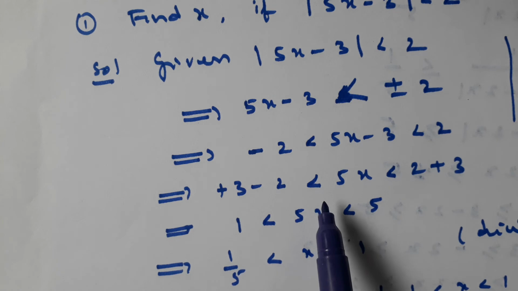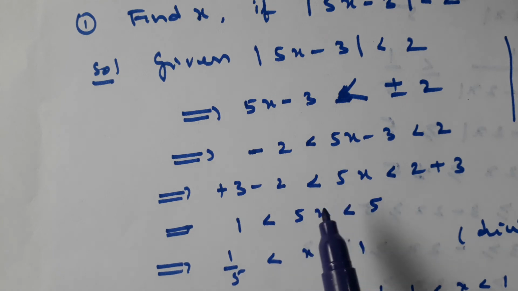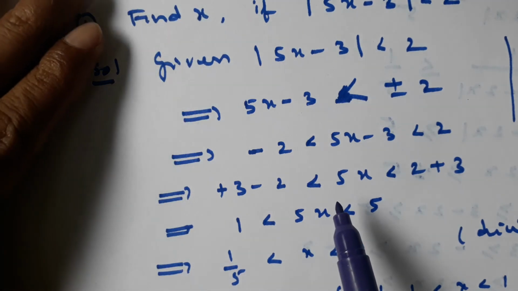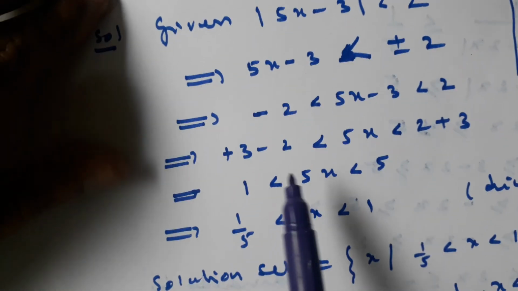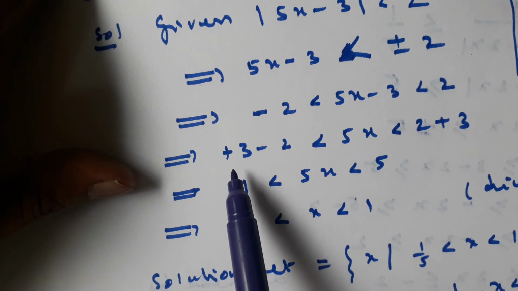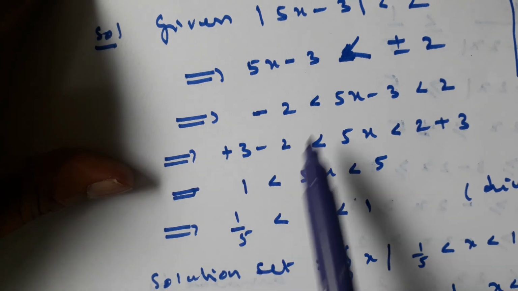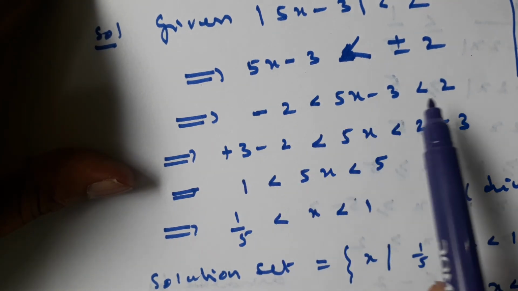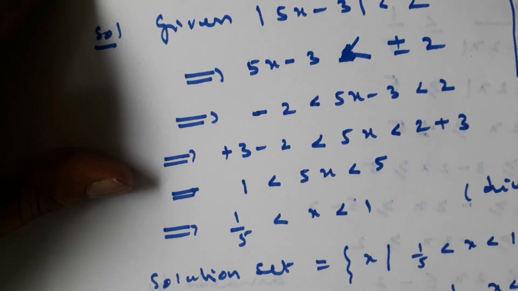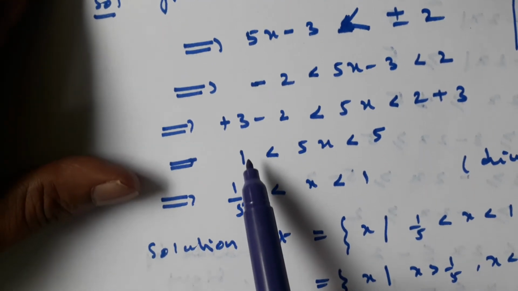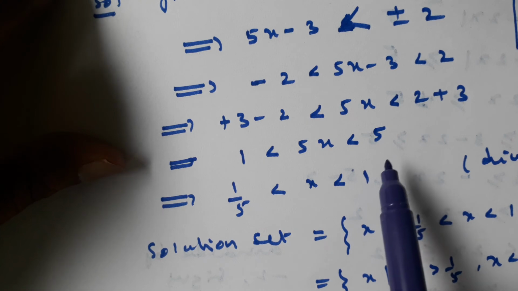Without loss of generality, we may add or subtract positive or negative numbers, the sign does not change. So adding 3, minus 2 plus 3 is less than 5x, as minus 3 plus 3 will be cancelled, is less than 2 plus 3. So simplification is 1 is less than 5x is less than 5.